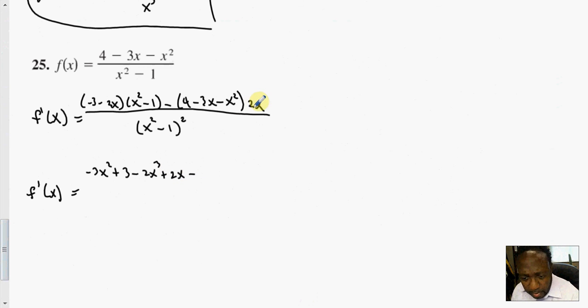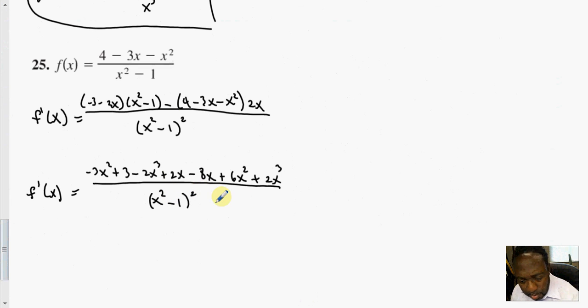This is minus, distribute the 2x to the parentheses, so 8x plus 6x squared plus 2x to the 3rd. That negative is being distributed through, all over x squared minus 1 to the 2nd.